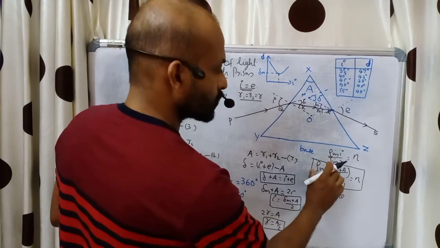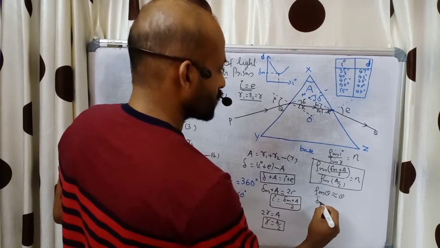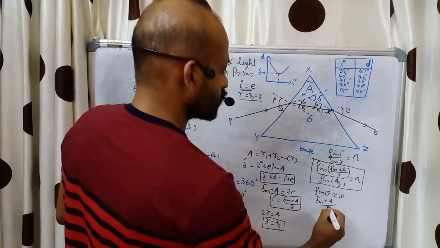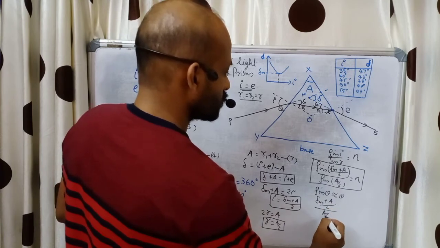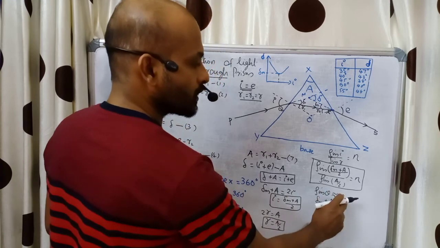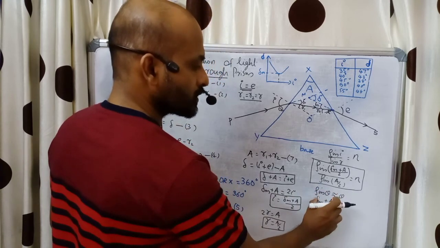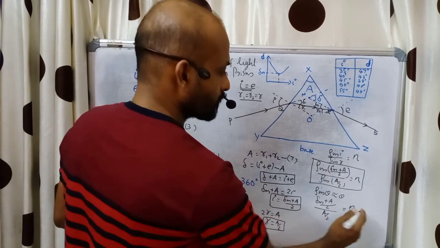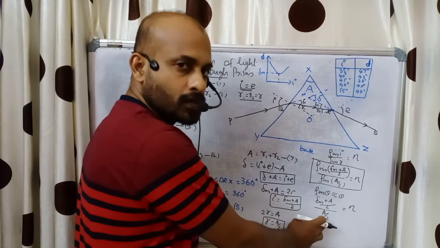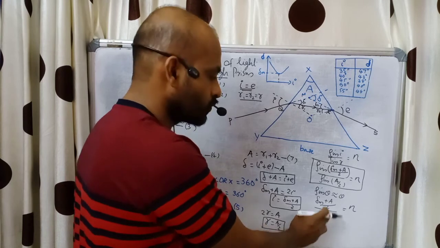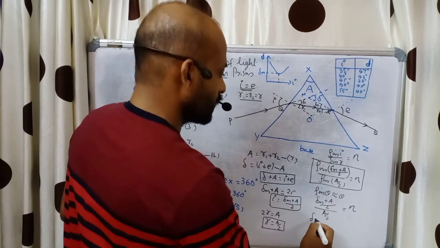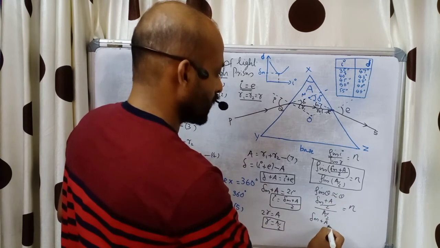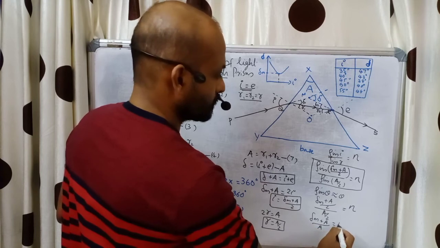So how will this equation modify? The equation modifies as (delta m plus A) by 2, divided by A by 2, is equal to n, because sin theta is nearly equal to theta. The 2 in the denominator and numerator will cancel. What will you get? (Delta m plus A) by A is equal to n.